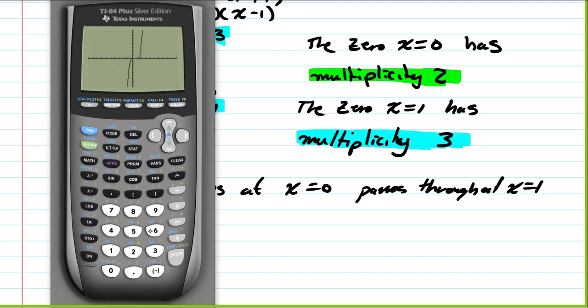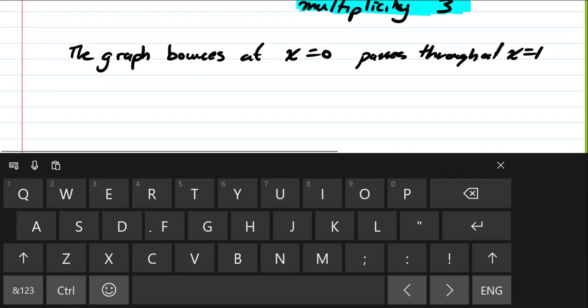Then the bouncing part tells us how the graph behaves in the middle, where it bounces off 0 and passes through 1. And that's how we get starts down, ends up, and a pretty basic shape that matches what we get.